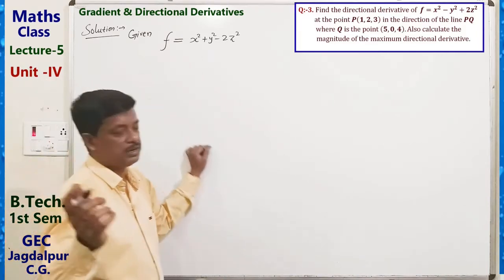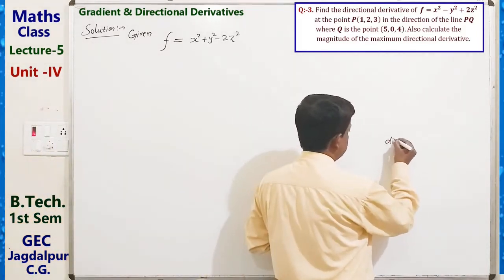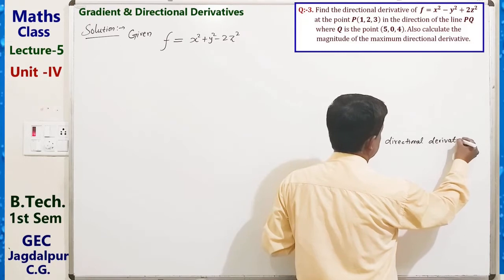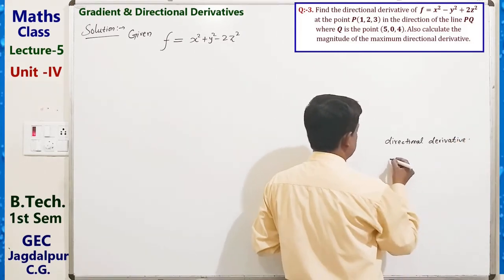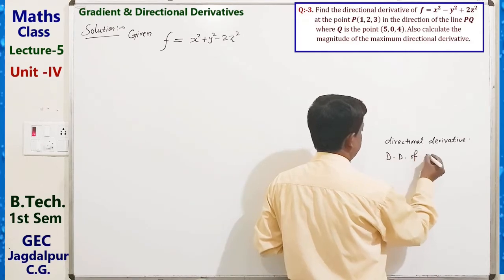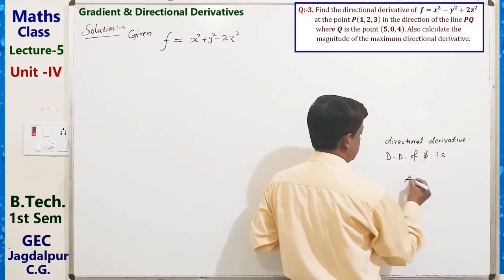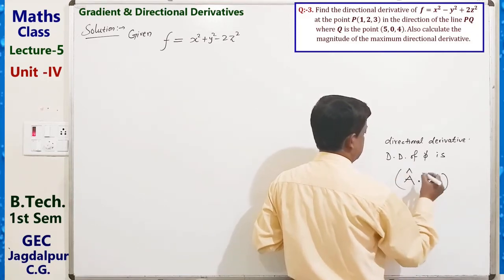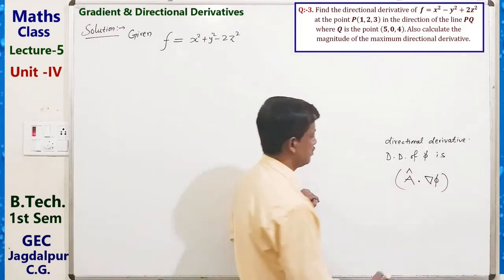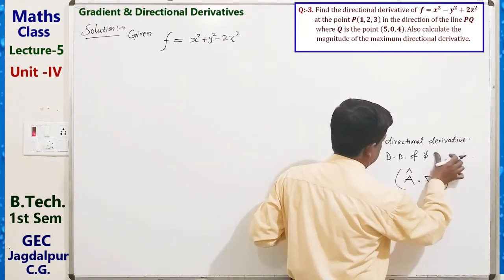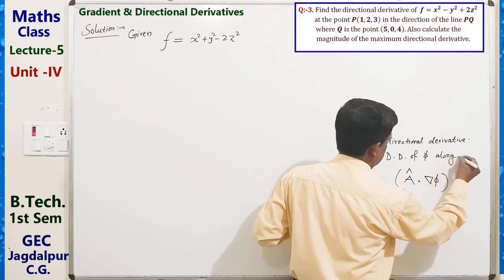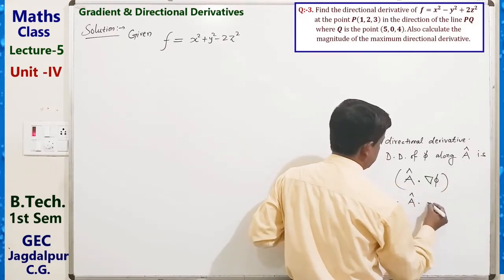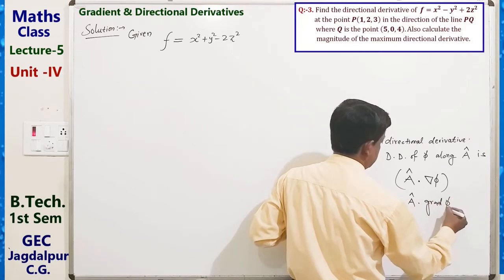The directional derivative of phi is a cap dot del phi, that is a cap dot gradient phi.